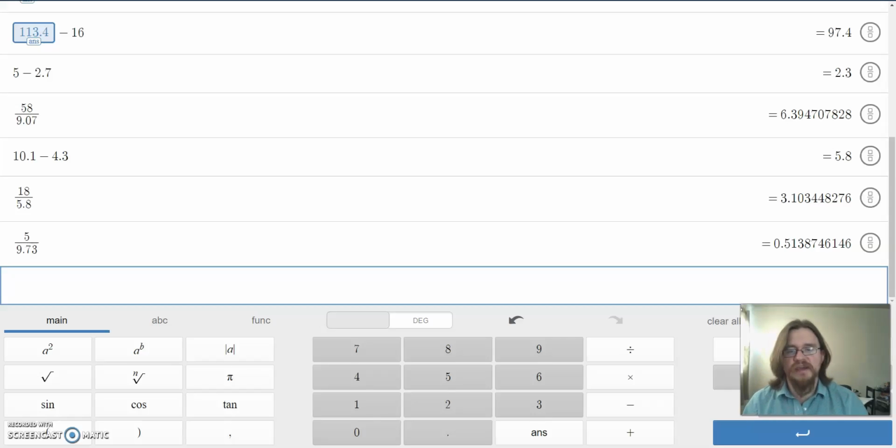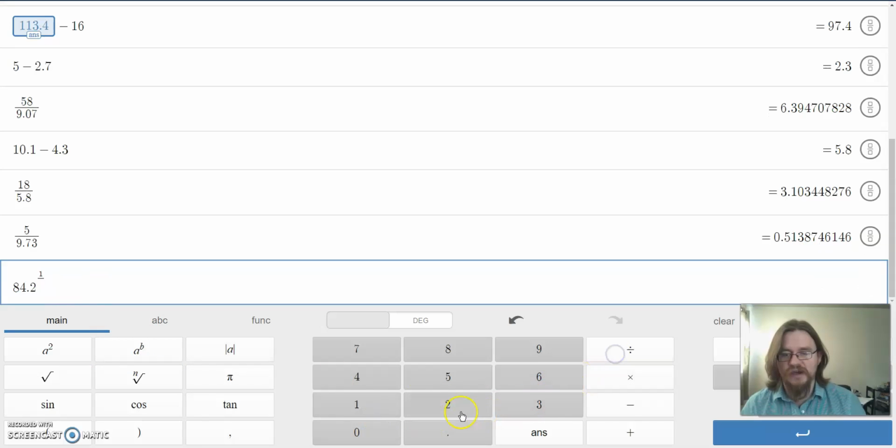So I come back to my calculator, and I take 84.2, and I'm going to raise this to the 1 divided by 2. This is how I write 1/2. So again, we can look at this and see that we're writing the right thing. We've got 84.2 raised to the 1/2 power.